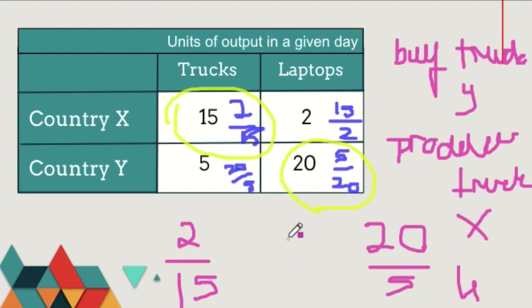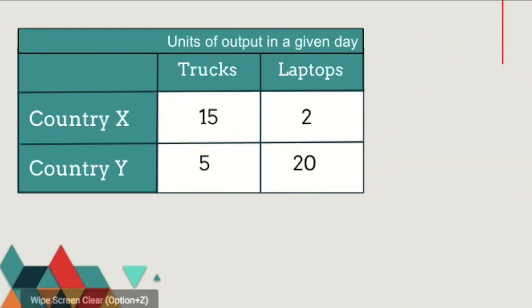So let's say each truck is going to cost 2 laptops. Country X is going to be benefiting because they are giving up less for 2 laptops. Country Y is going to be better off because if they decide to make the trucks themselves, they're going to be giving up more than what they are spending if they're trading.